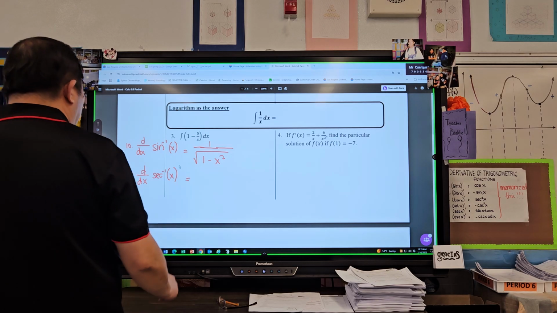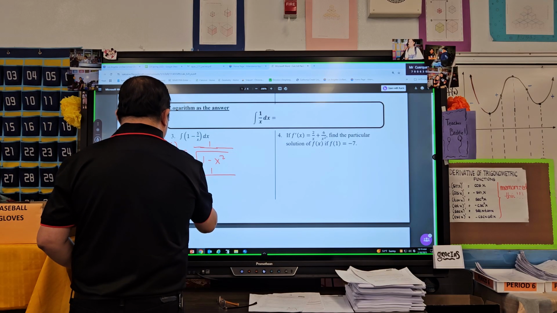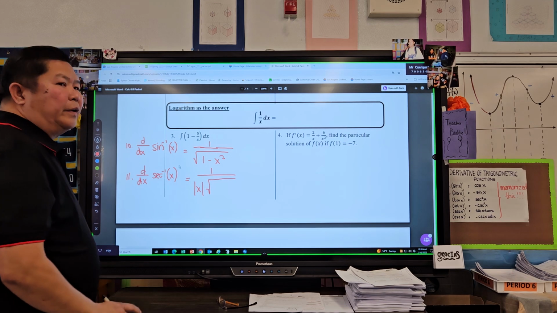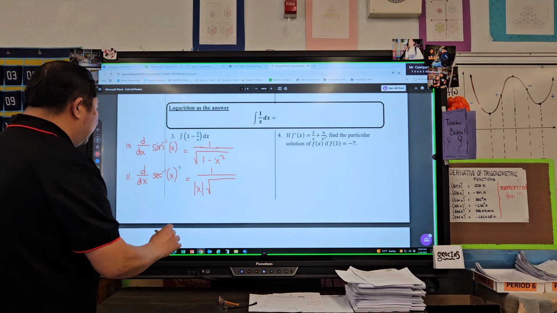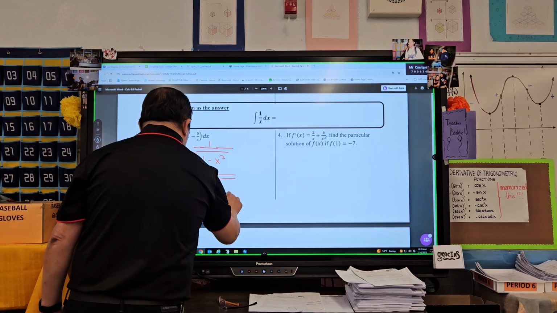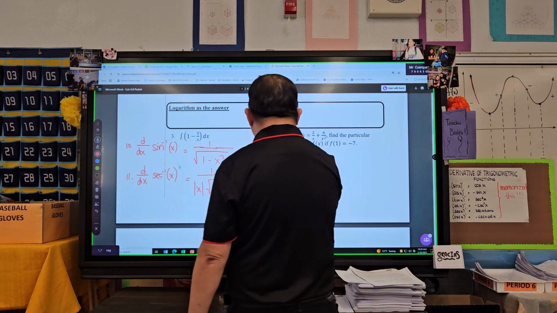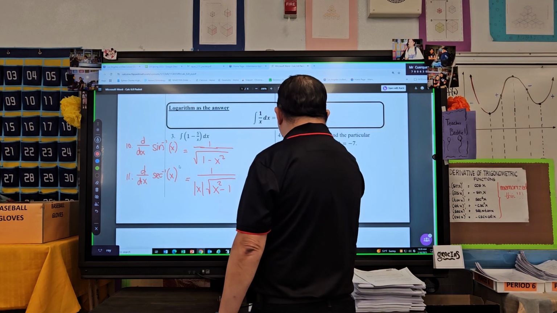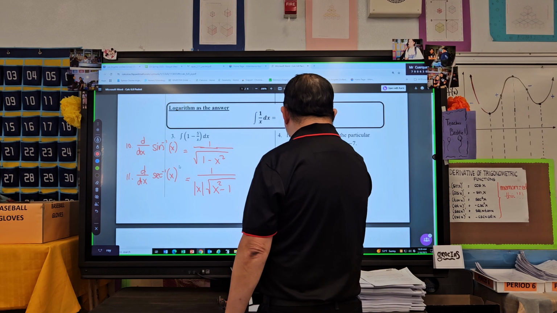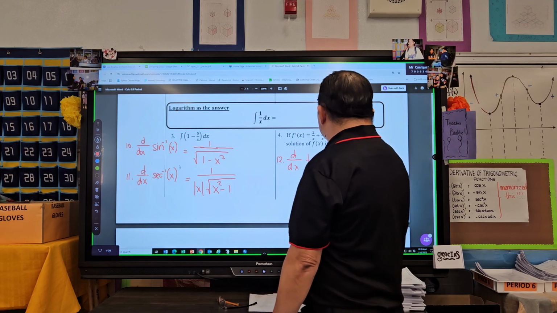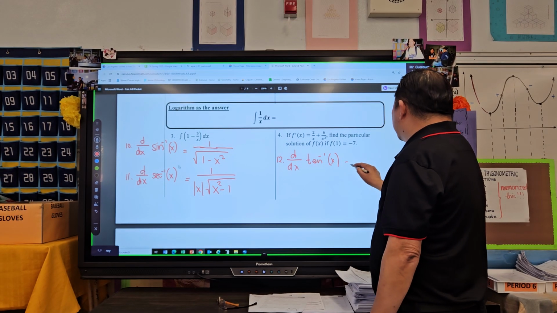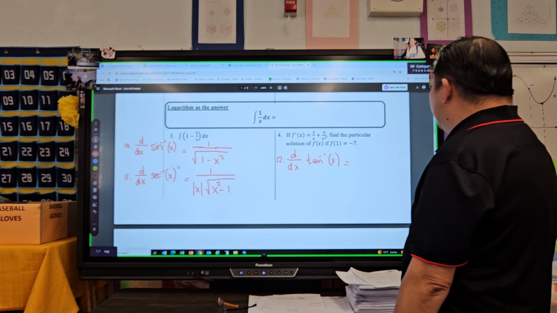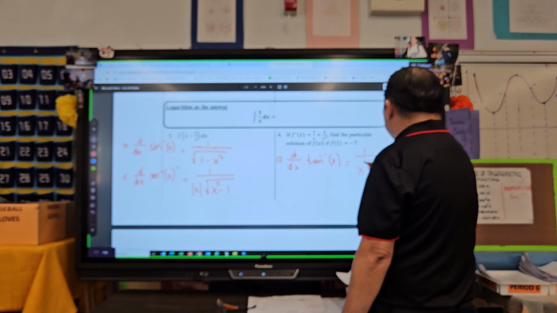So it's going to be 1 over the absolute value of x times the square root of x squared minus 1. And formula number 12, I'll give you the tangent. So the derivative of the tangent inverse of x is equal to, what is tangent? 1 over x squared plus 1.